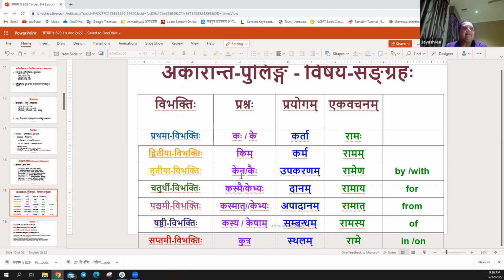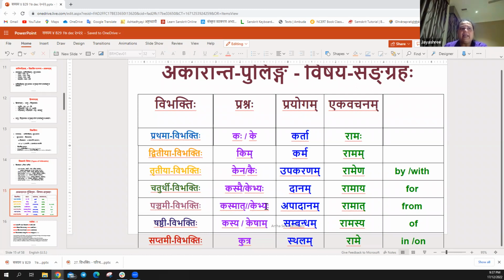Then we have Tritiya Vibhakti as Kena, Kaihi, by or what. That is Upakaranam, like instrumentive case. Chaturthi Vibhakti, Kasmai Kebhyaha. It's called Danam, so, for, to give.